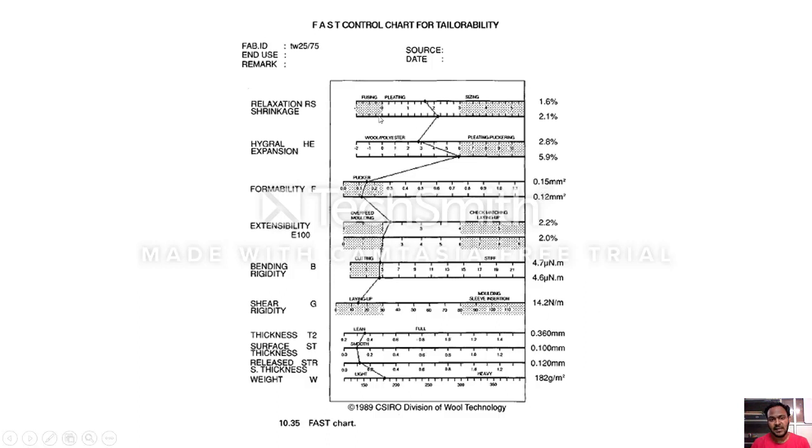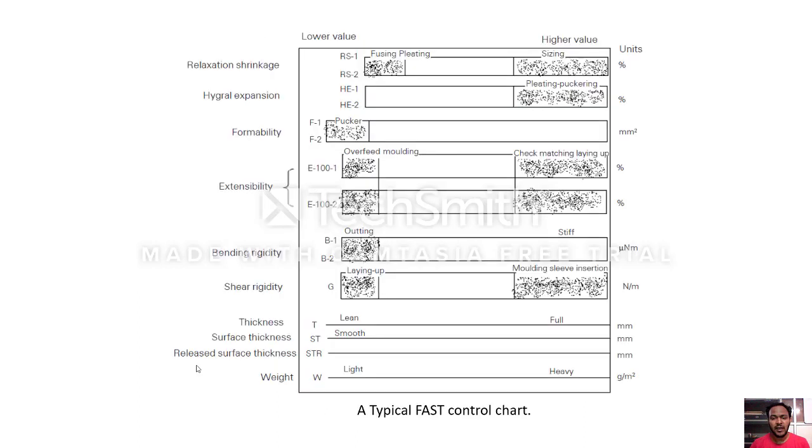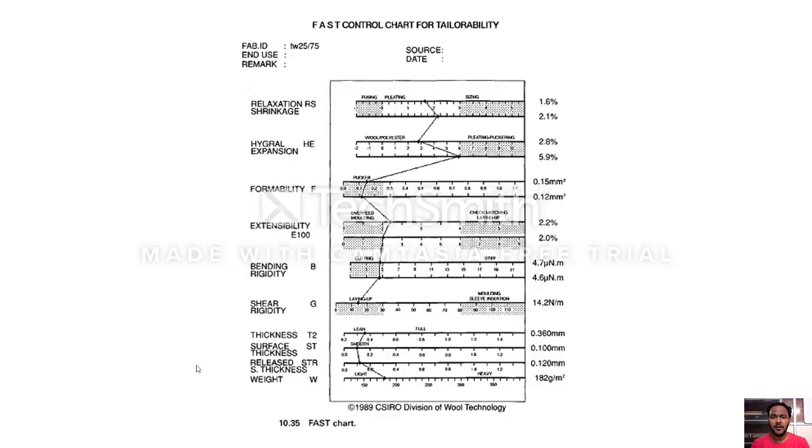You can see the relaxation shrinkage, high-grade expansion, formability, extensibility, bending rigidity, shear rigidity, thickness, whichever we have seen in the previous graph. But there you did not observe any kind of fingerprint, you only saw the two extremes: if the value is extremely low or extremely high, what problems you will get. But here this shows a fingerprint.